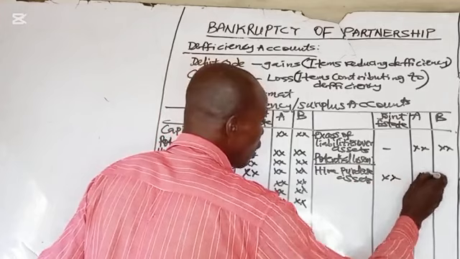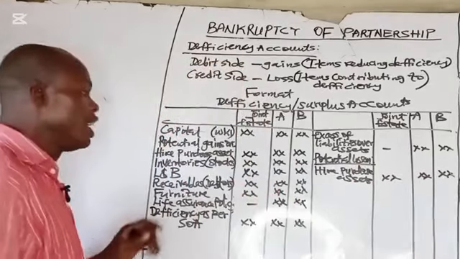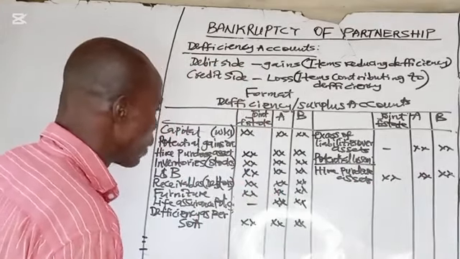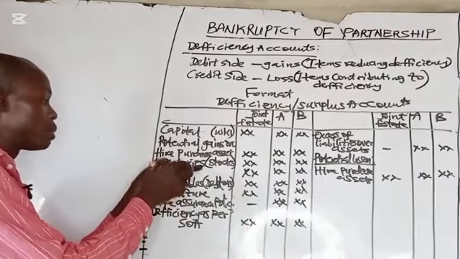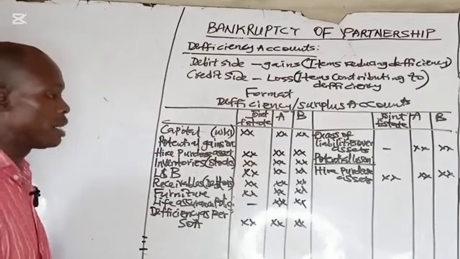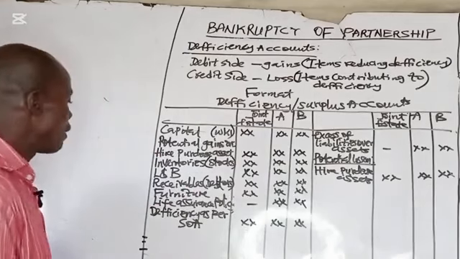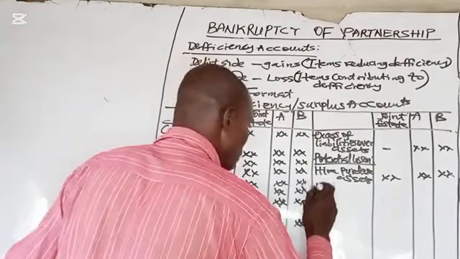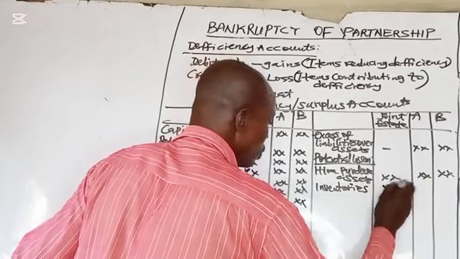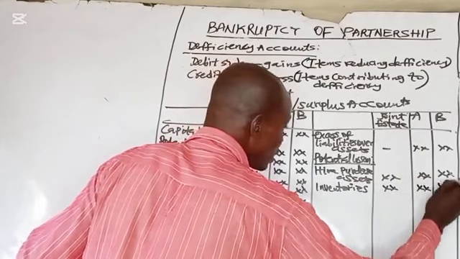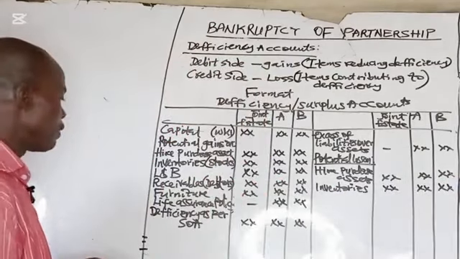It may result in loss, a loss if the realizable value is lower this time around, but a profit or gains where the realizable value is greater than the book value. Then we have inventories or stocks. So you may have the loss where the realizable value is lower.